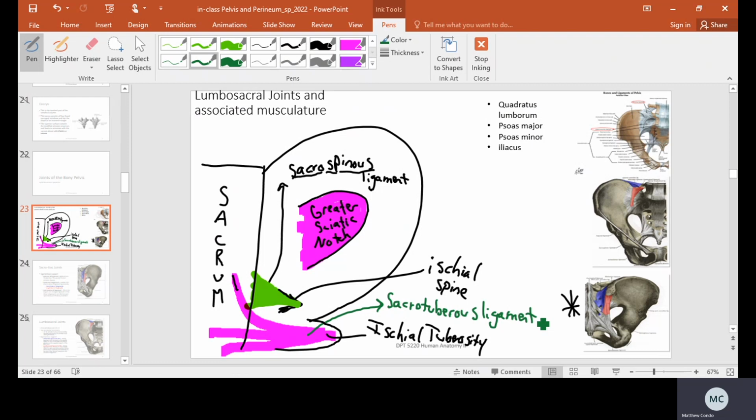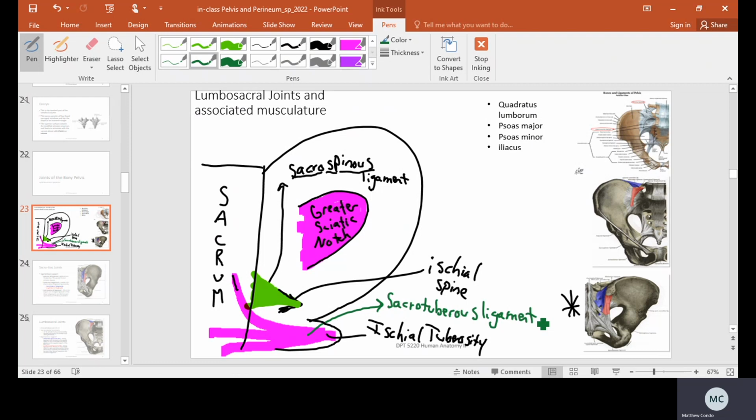To be quite honest with you, I don't think it's that necessary. No, it's a sacrotuberous ligament. Anterior, middle, inferior. Yeah, that's about it. But no, it's a sacrotuberous ligament. Good question. We good? You sure? Okay. Are you done or are you not?